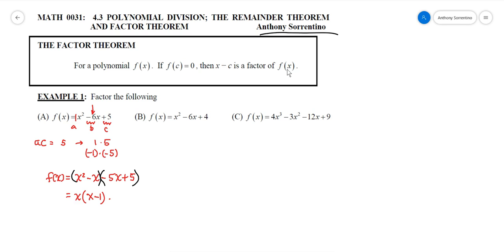If I factor a -5 out of the second group, I get x minus 1, and since both have this x minus 1, I could factor that out. What's left, because these would go away, is x minus 5. So that's a basic factoring technique that we looked at before when we were factoring quadratics.